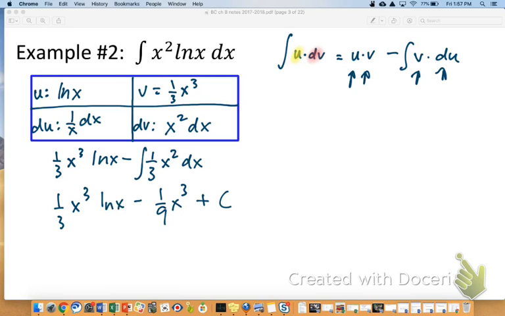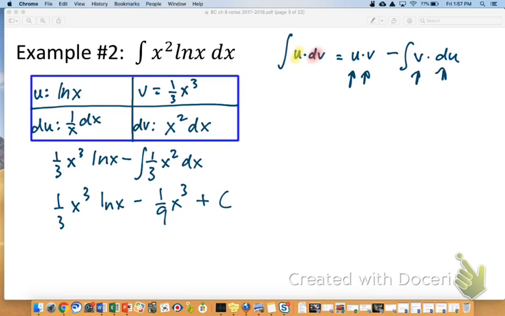When you look at your original integrand, look at the transcendental. If the transcendental is natural log, you have to make the u natural log. And the dv would be all the other stuff. Okay? However, if the transcendental is anything other than a logarithm, you want to make your polynomial the u.